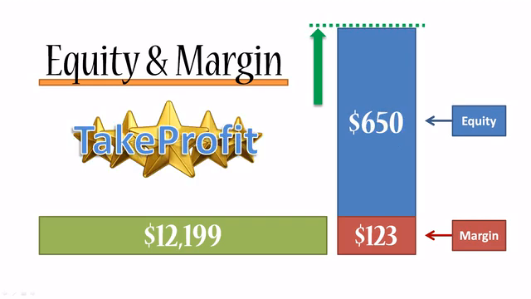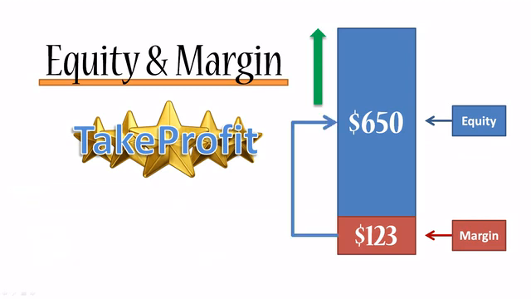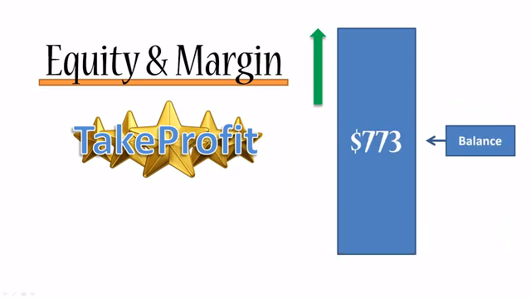Next is when the take profit is actually reached, what happens is the money that the broker lent us, the 12,199, is taken out of our account, so it's taken back. The broker basically takes it back. Then our margin is released, so it goes to join our equity, and together they become the balance on your account.